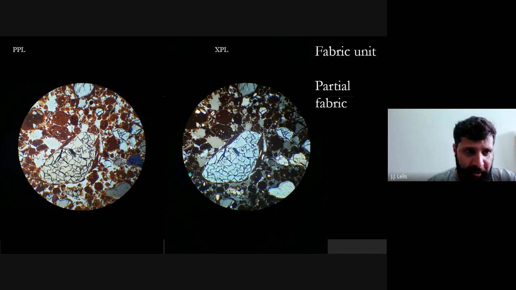So the partial fabric could be very general when we have very broad boundaries, but we can also define very specific and rigid boundaries according to its properties, and we can cluster fabric units according to structure, shape, color, size, and other properties.